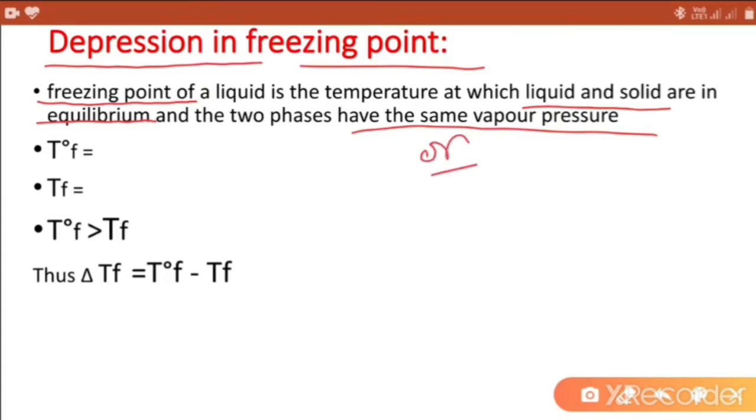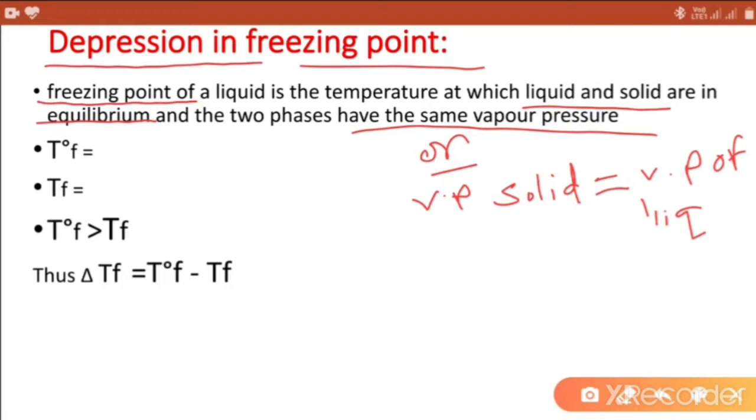Or another definition: freezing point of a liquid is the temperature at which vapor pressure of solid is equal to the vapor pressure of liquid. Vapor pressure of solid is equal to vapor pressure of liquid.